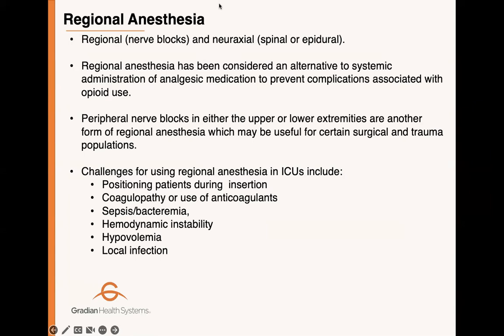So regional technique is one of the options for management of pain in ICU, and it is very good for patients coming post-op, because before going for the operation, they may already have an epidural set in, so the analgesia will be topped up as they go along. It becomes very difficult to use this technique while the patient is already in the ICU, admitted for other reasons. But they are very good for post-operative management of pain.